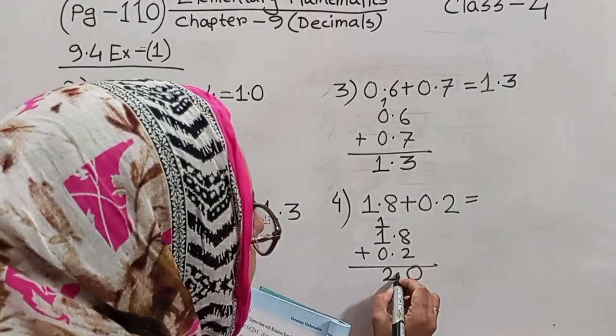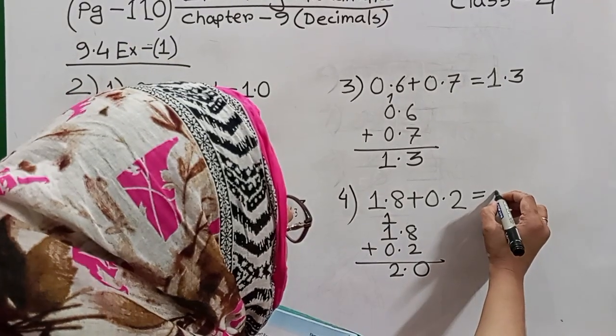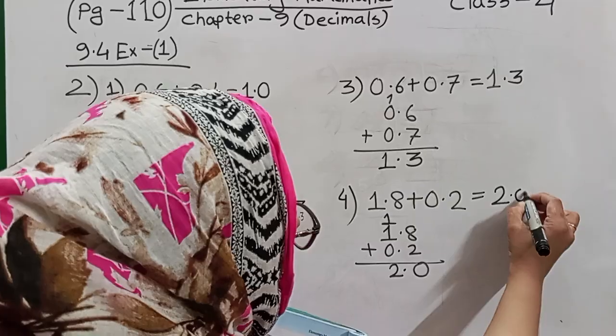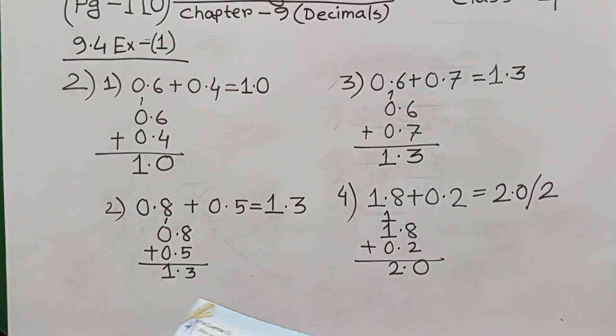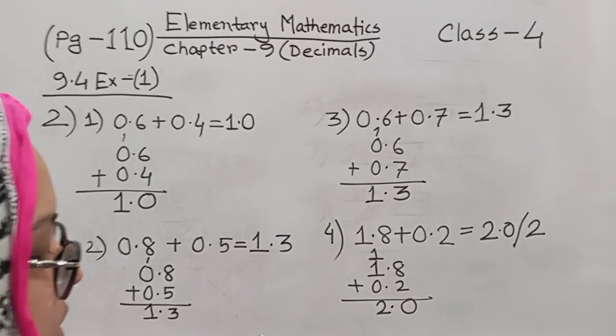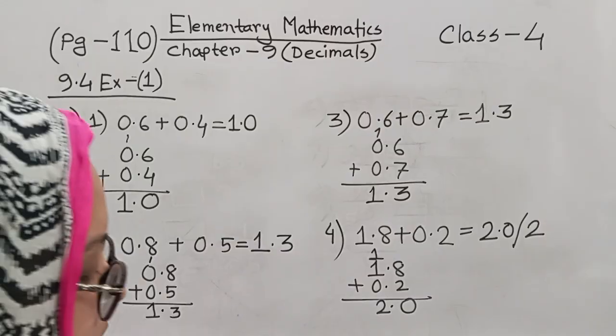And the decimal point will be in the same place. So after the addition, ultimately our answer will be 2.0 or only 2. So up to this, number 4 has been finished.